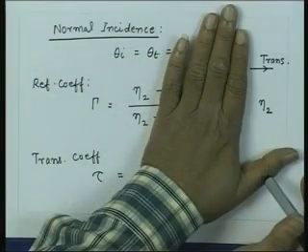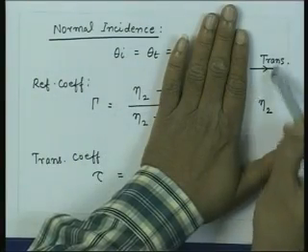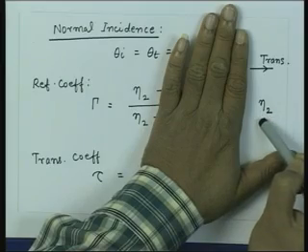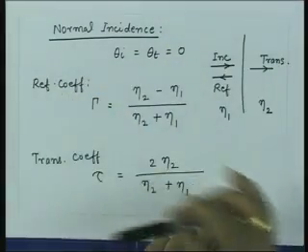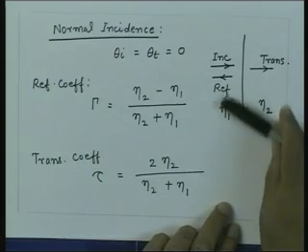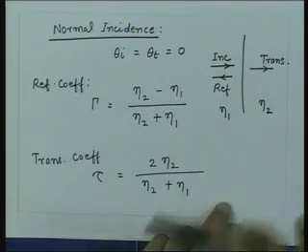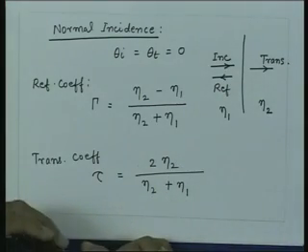If I look rightwards beyond the boundary, I see an infinite medium ahead, and therefore the impedance seen will be equal to the intrinsic impedance eta 2. If I look in the other direction, again I see an infinite medium, and I see an impedance equal to the intrinsic impedance of the medium, which is eta 1.